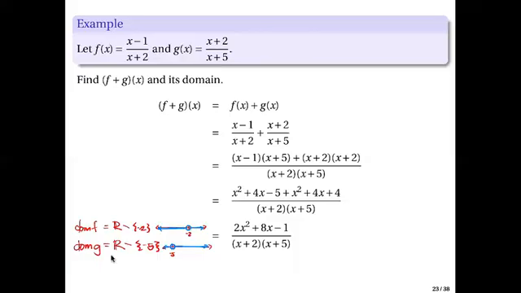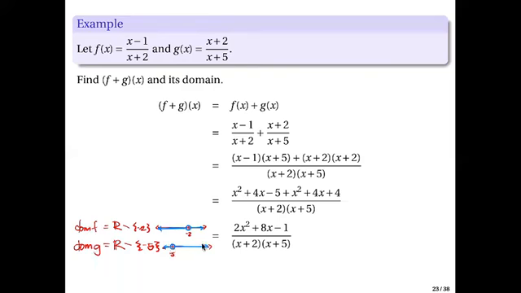So, what's the intersection? The intersection is the set containing all the numbers that are common to both. This one here has negative 5, but this one here does not have negative 5, so it's not common to both of these.